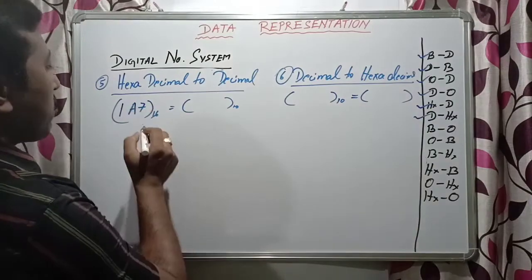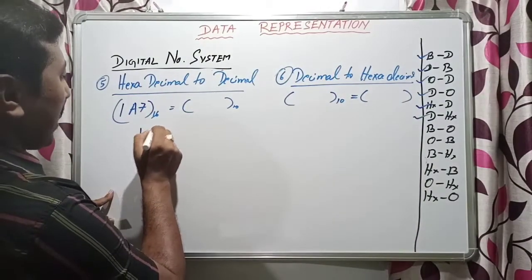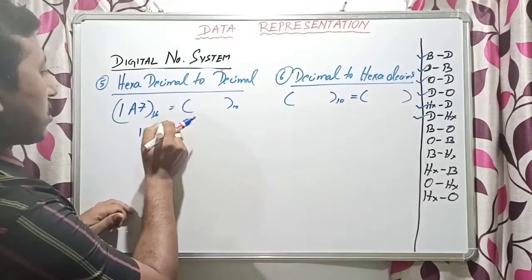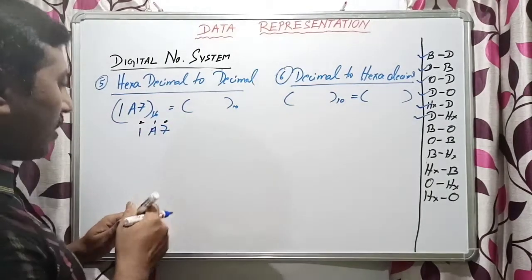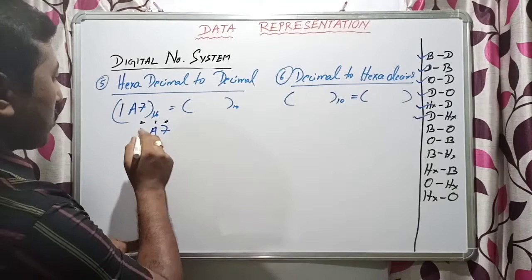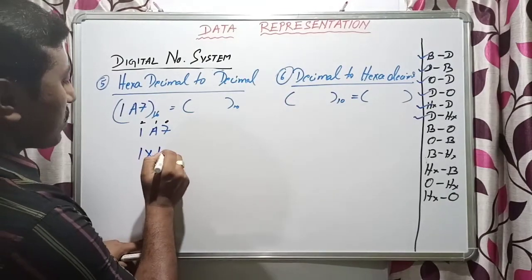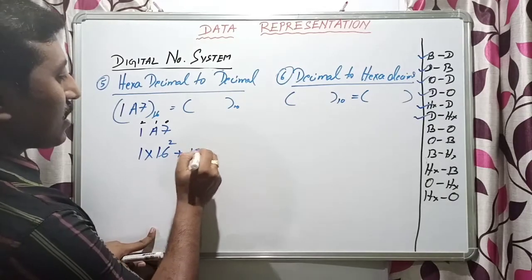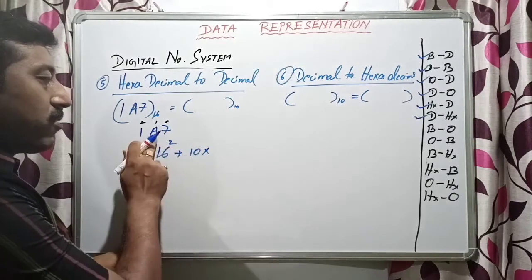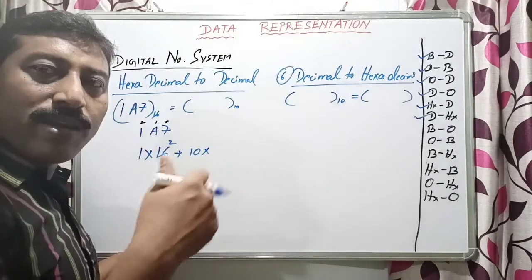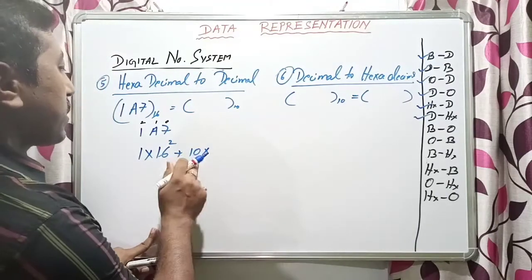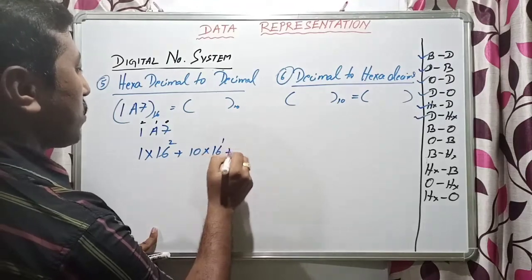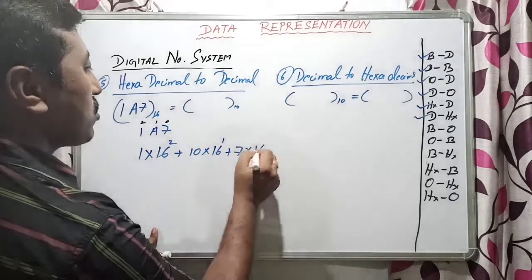So in the similar way, first 1A7 is there. We'll put here 0, 1, 2 for the positions. This is 7. So 1 into 16 to the power 2, plus A means 10. A we write to represent 10, but when we calculate its value we take 10 into 16 to the power 1, plus 7 into 16 to the power 0.